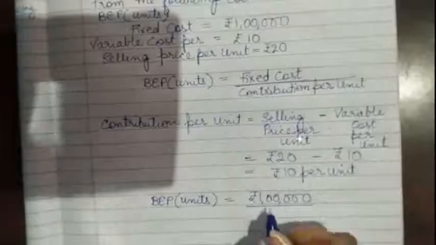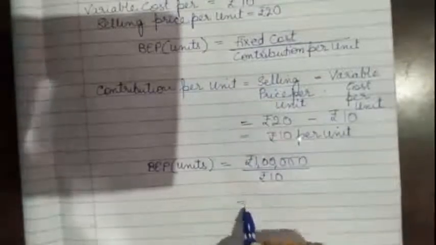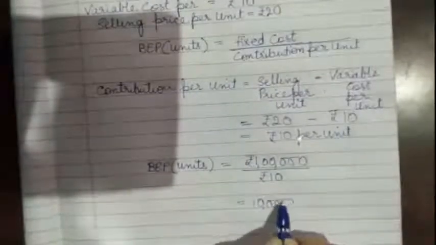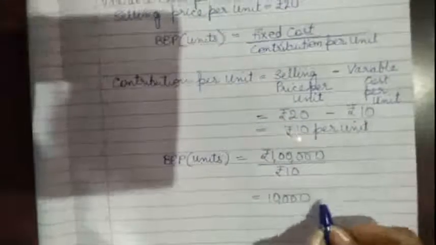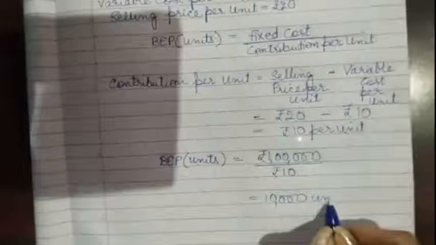Contribution per unit is rupees 10 per unit. Solve this, you will get 10,000 units. We are calculating the BEP in units, so 10,000 units you have to write here.